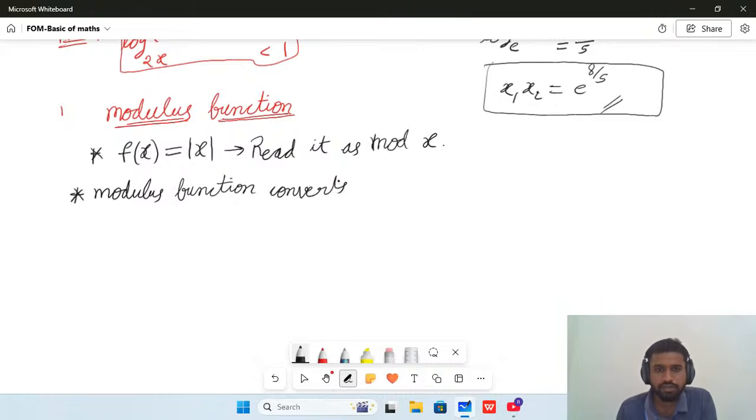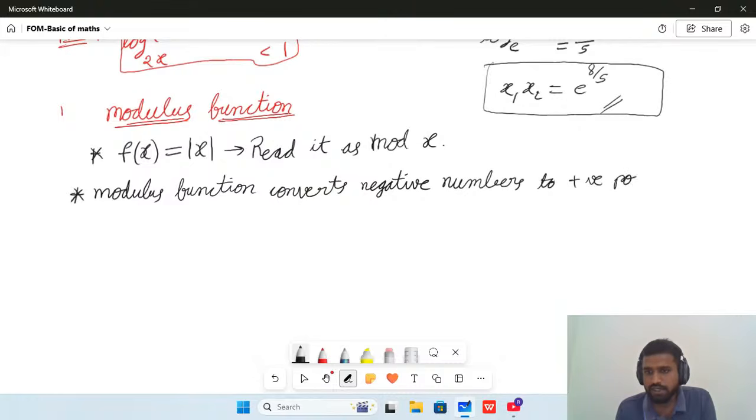So note down this point: a modulus function converts negative numbers to positive numbers. That is the work of this modulus function.